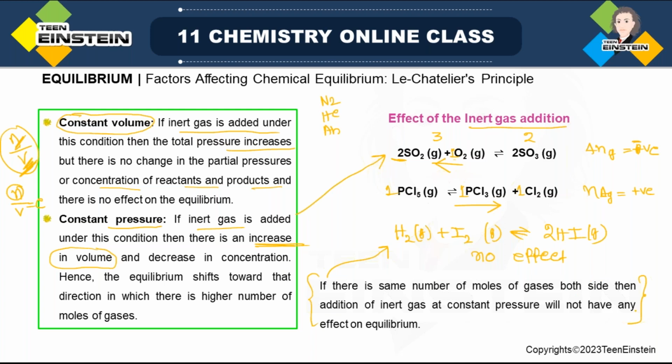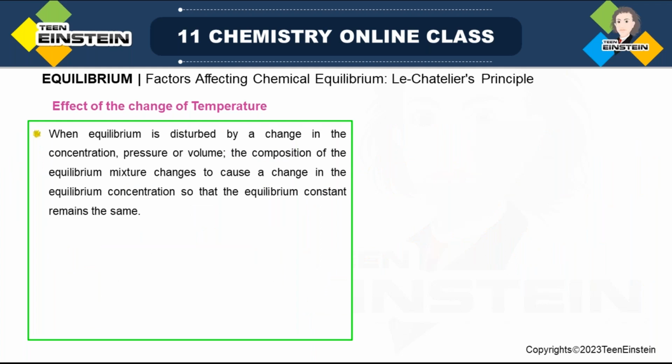Fine. So three effects we have discussed: concentration, then pressure, and number 3 is inert gas addition. Number 4, very important, is the effect of change of temperature. Now compared to the three factors that we have already discussed, in this case, when we are talking about the effect of change of temperature, there is some difference.